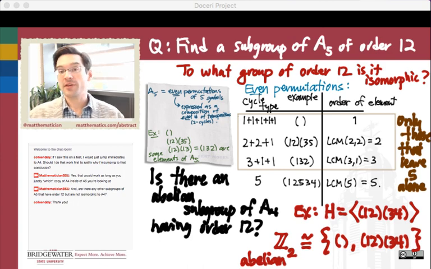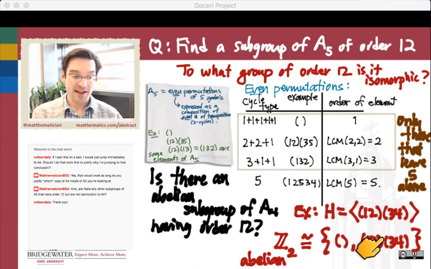Even though all permutations in the universe don't commute with one another, all the permutations in this set certainly do. And we could do the same thing, for example, to find a subgroup isomorphic to Z mod 3, and therefore abelian, just by taking the cyclic subgroup generated by any 3 cycle, any element of order 3 inside of A4.